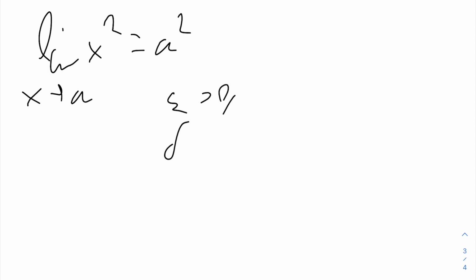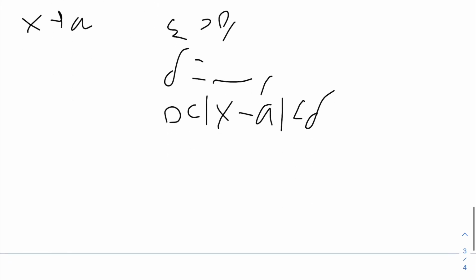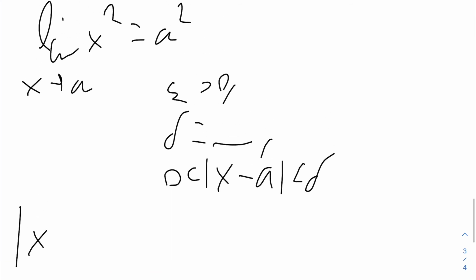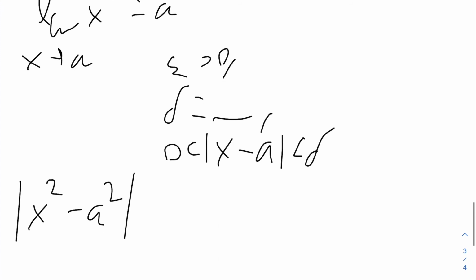Epsilon is greater than 0, delta is equal to some value, and the distance between x and a is less than delta and greater than 0. So we start with the beginning of our consequence, which is |x squared - a squared|, and then we're going to show that it's less than epsilon.